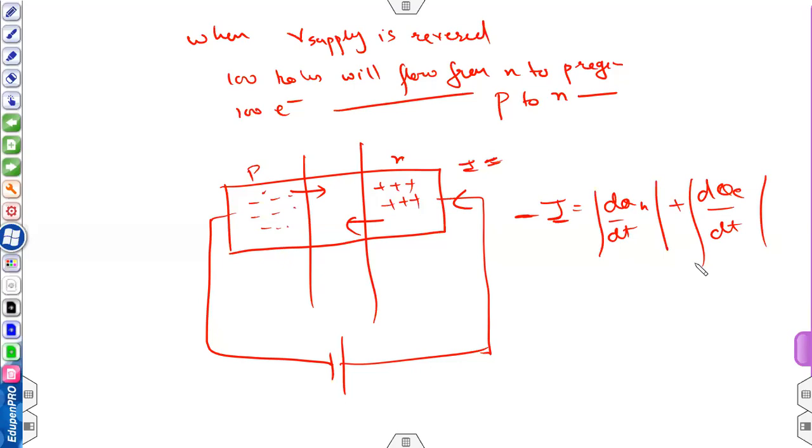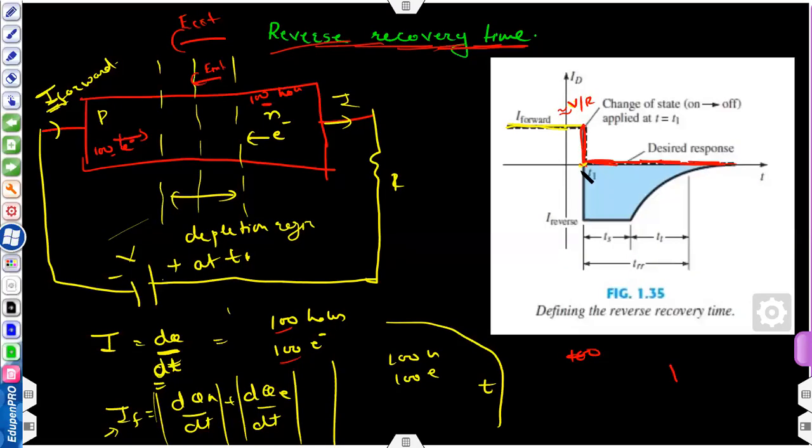So the magnitude of the current remains the same, and the direction reverses. This is what this graph is representing. At the moment you reverse the external supply, the direction of current reverses. Now this is the current axis, this is positive, this is negative. So the same magnitude of current, but now in the reverse direction.